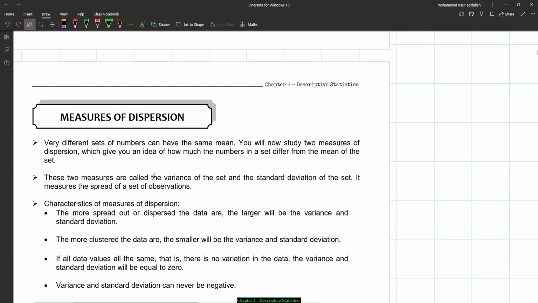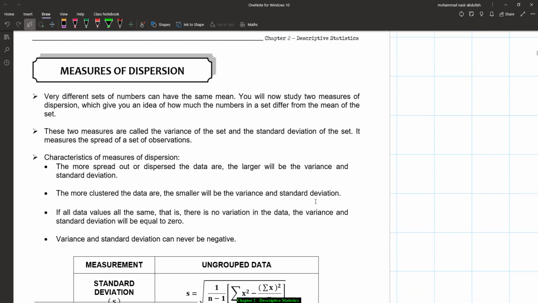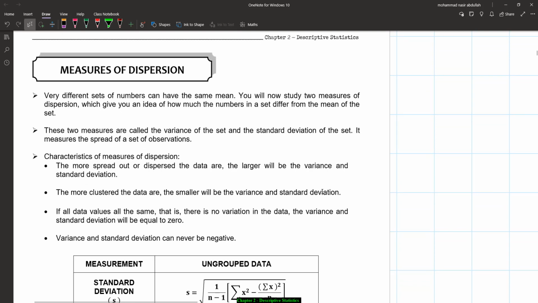So now let's look into measure of dispersion. Can you hear my voice?